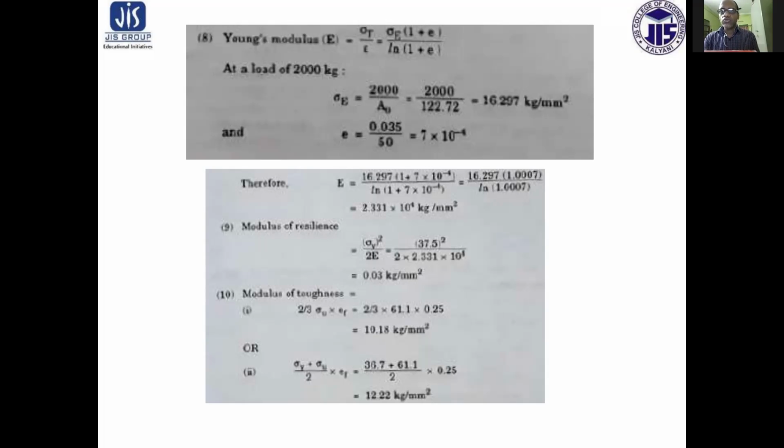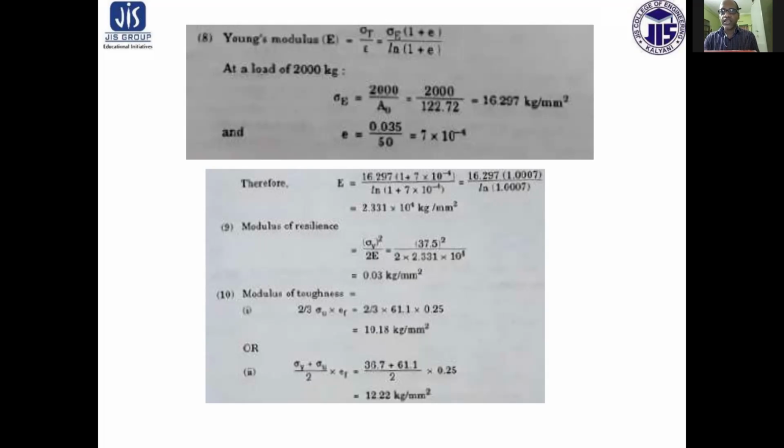Now at a load of 2000 kg, sigma E is equal to 2000 by the original cross sectional area, that is 16.297 kg per millimeter square, and epsilon E, the engineering strain, where the extension was 0.035 and the original length of the bar was 50 millimeter.